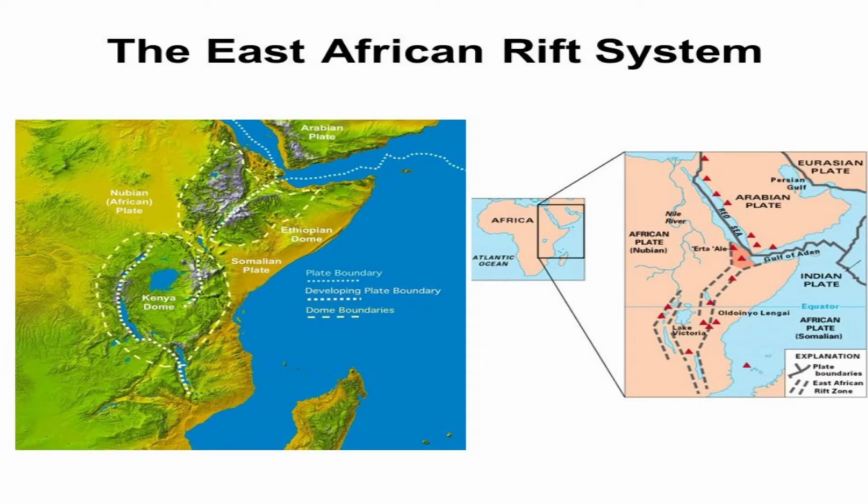This region has attracted the attention of geologists since the 1900s. They gave the name Rift Valley to what is basically a graben, but with a more complex history that includes the building of volcanoes on the graben floor.